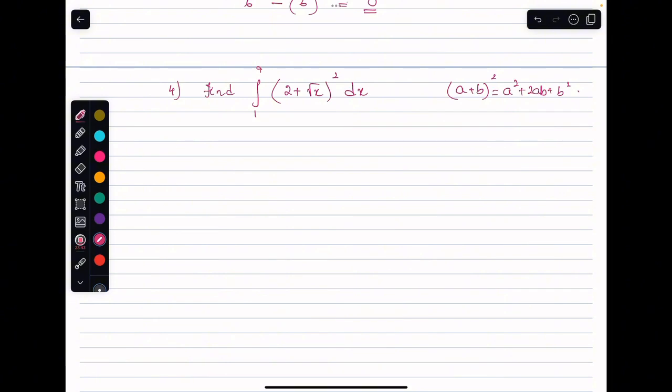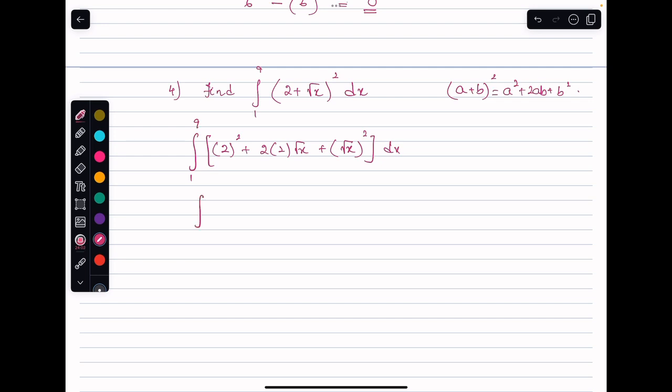So this becomes 2 the whole square plus 2 times square root of x plus the square root of x the whole square, and dx here. And this was my integral from 1 till 9.